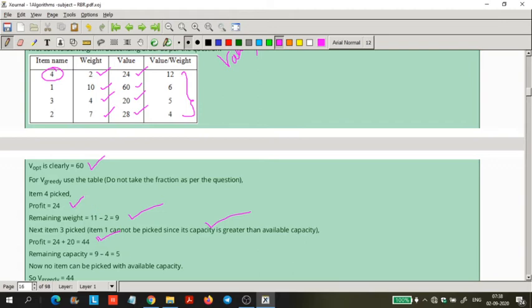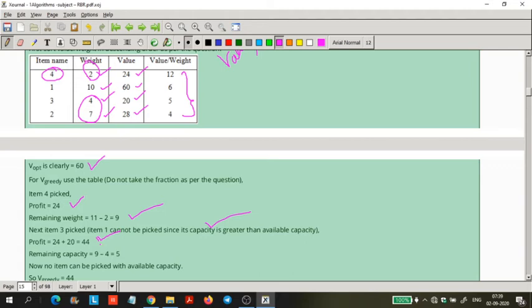So in the first case, when the item with value 24 is picked, the remaining weight is 11 minus 2, which is 9.